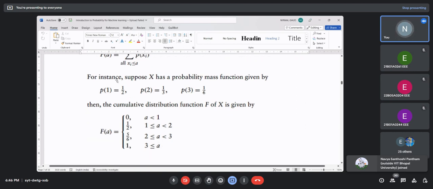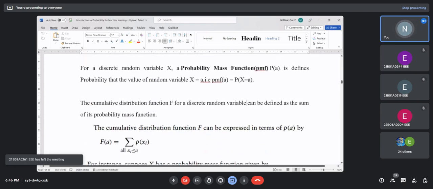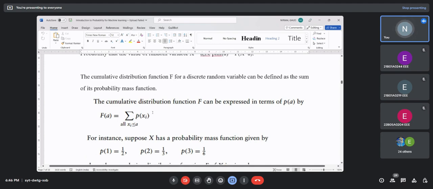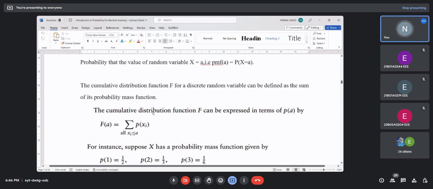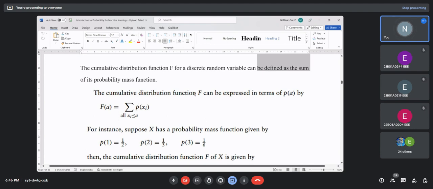For p1, p2 and p3, you need to focus upon this function only. I need to look for a probability mass function, which is given by p(x_i), and whatever the values of x_i are, I need to calculate the summation of all of them to get the cumulative distribution function.